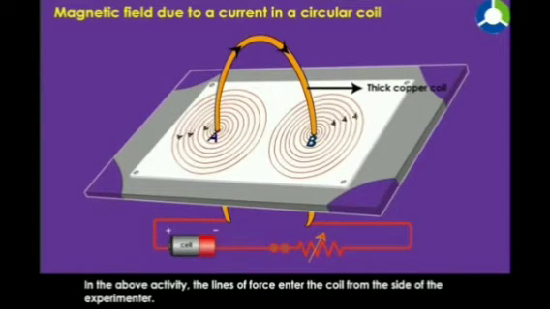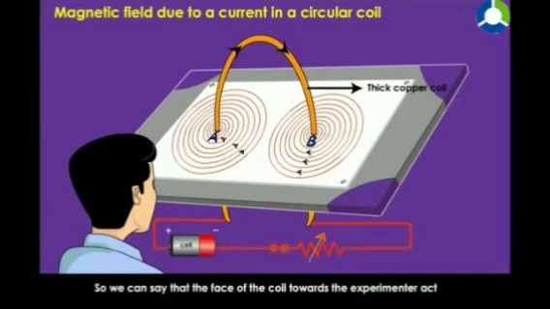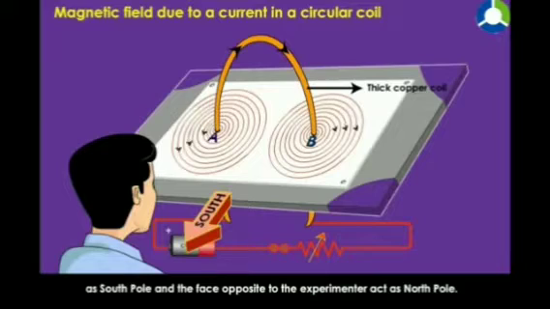In the above activity, the lines of force enter the coil from the side of the experimenter. So we can say that the face of the coil towards the experimenter acts as the south pole and the face opposite to the experimenter acts as the north pole.